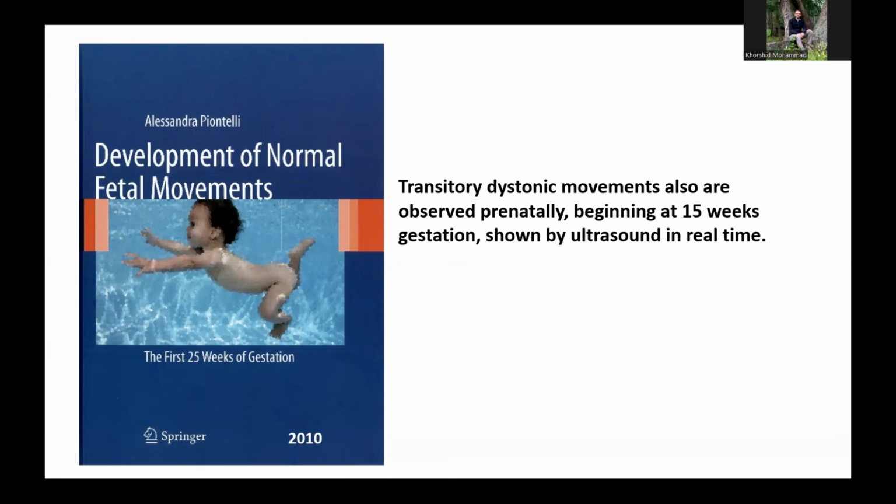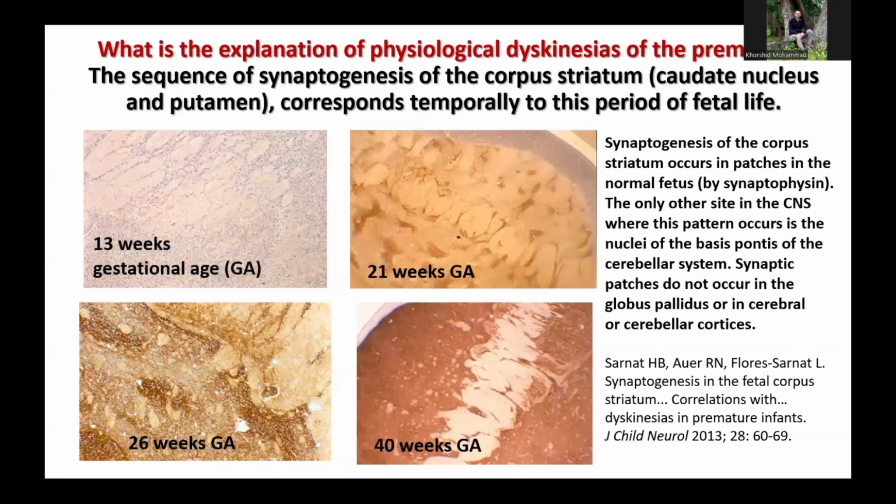So these dystonic movements and athetotic movements occur in utero, in the fetus, in amniotic fluid, as well as in the preterm neonate that we see postnatally. So we should look for an explanation of the physiological dyskinesias in the premature infant.